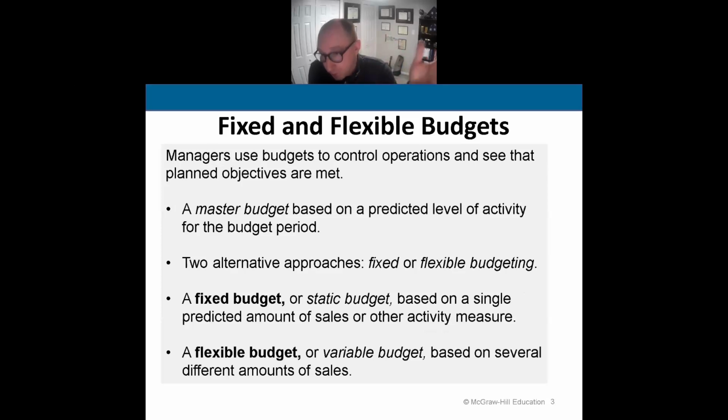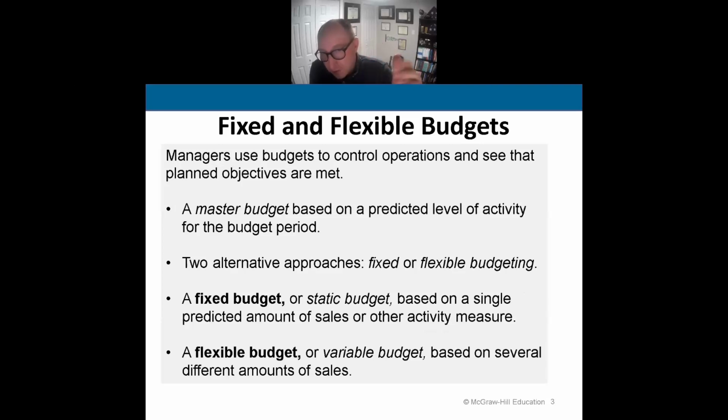That's the master budgeting process that we just talked about in the previous chapter. We take that concept of the master budget, and we select one or the other budgeting approaches.